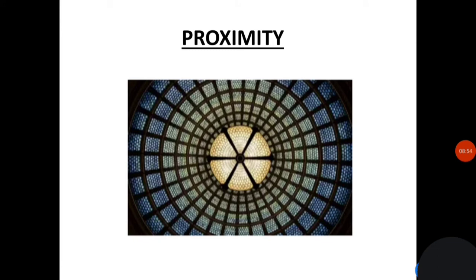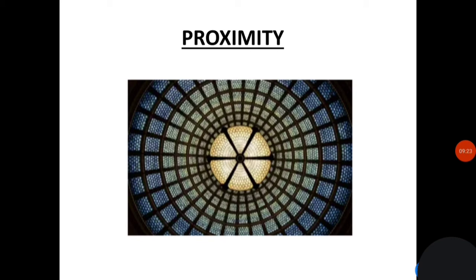Proximity. When items are grouped or appear close together, they become a single visual unit rather than several separate entities. Proximity helps organize information, reduces clutter, and gives people a clear structure.